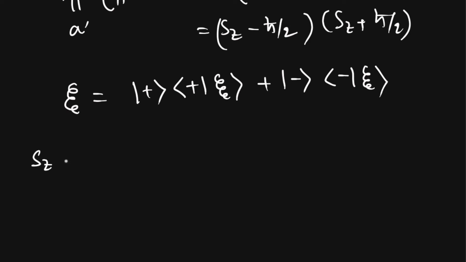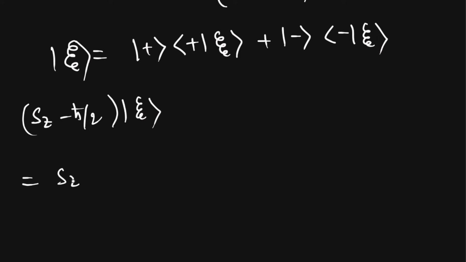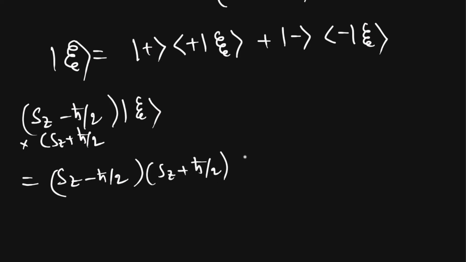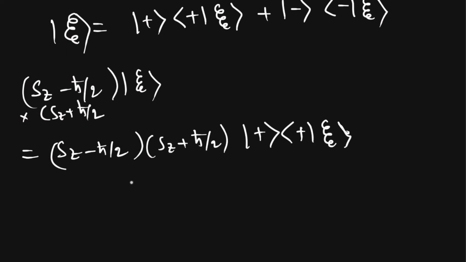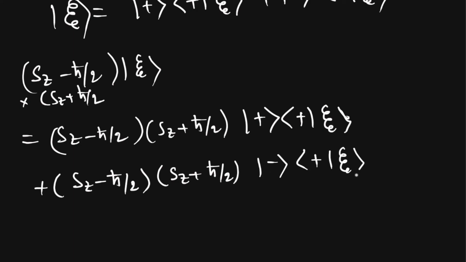If we operate it on this state, we will get Sz times (Sz + h by 2)(minus h by 2)(Sz + h by 2) on plus xi, plus (Sz - h cut by 2)(Sz + h cut by 2) on minus psi.